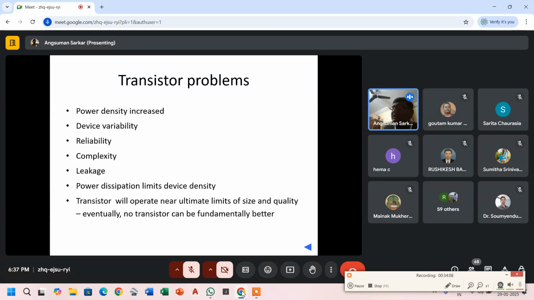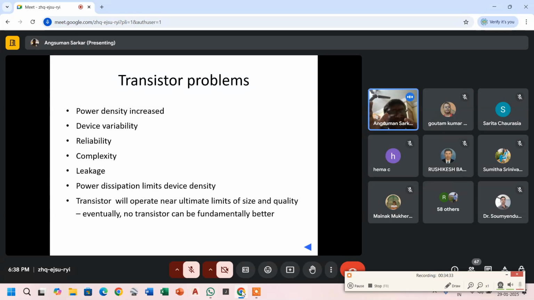Device variability. You know that there are no two things in this world exactly identical. No two cricket balls are identical. No two footballs are identical. Even no two transistors are identical. They are all different. But the difference will play a very important role as the size of the transistor becomes smaller and smaller.